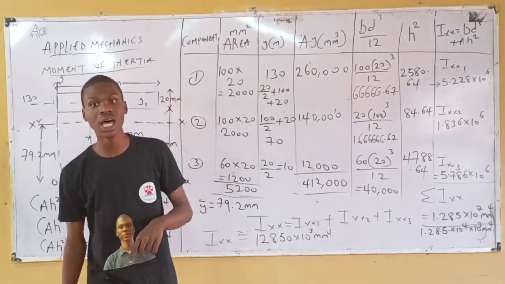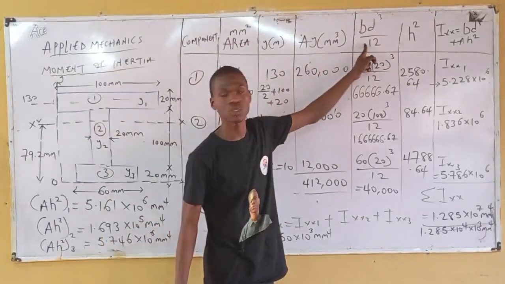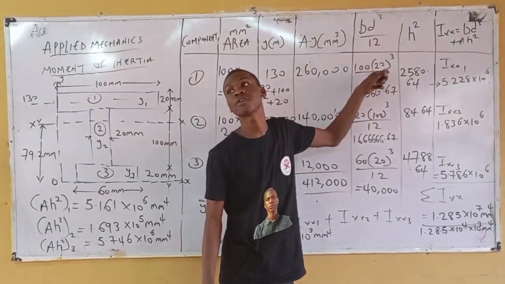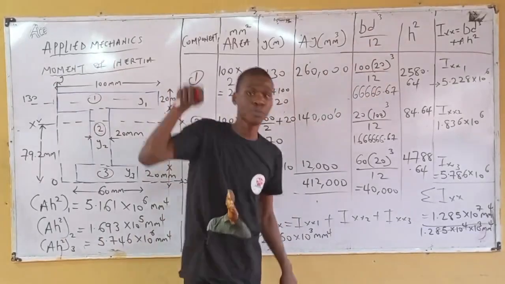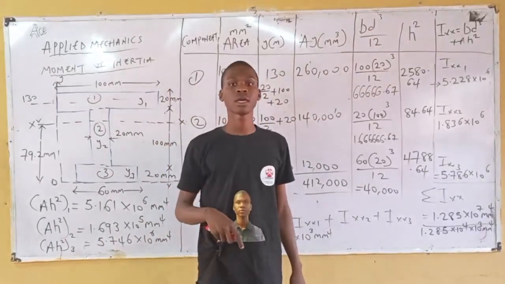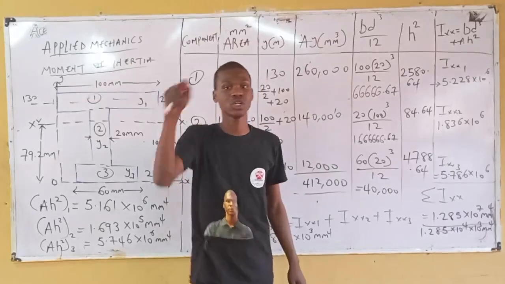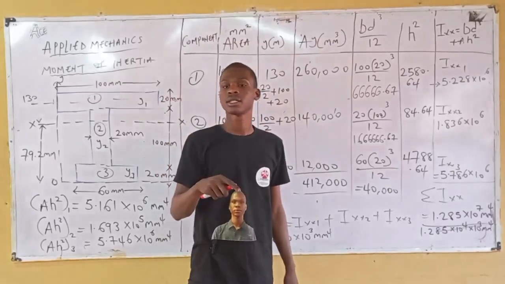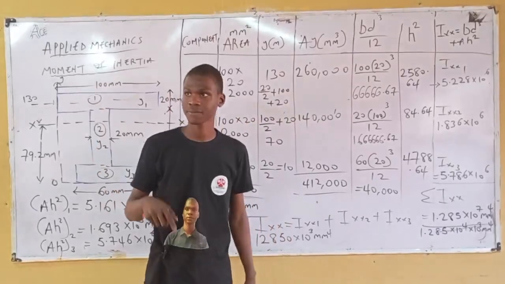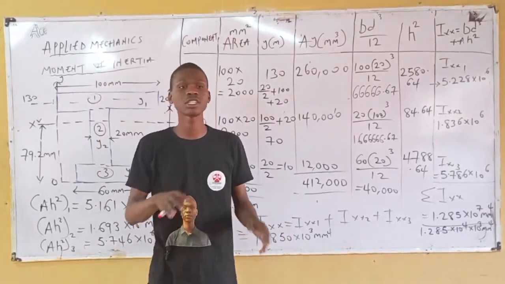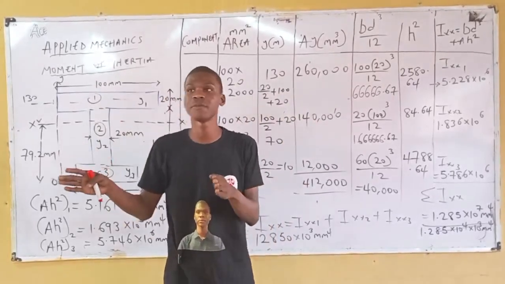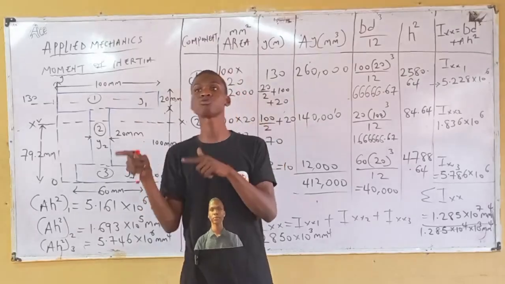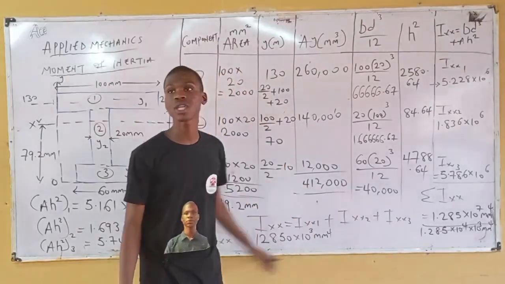When solving for the horizontal axis, this formula, BD cube over 12, will now be D cube B over 12. Meaning you take your breadth as your depth, and your depth as your breadth. This is just like you answering the first phase of this question. Phase 2, you now do the horizontal axis.